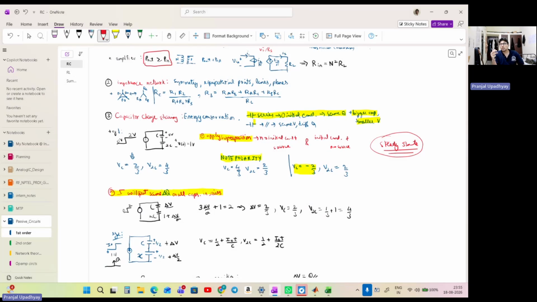I'll elaborate on this later, but we should keep in mind that currents are stable.